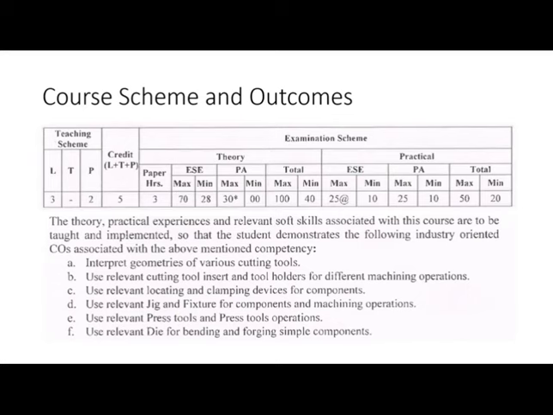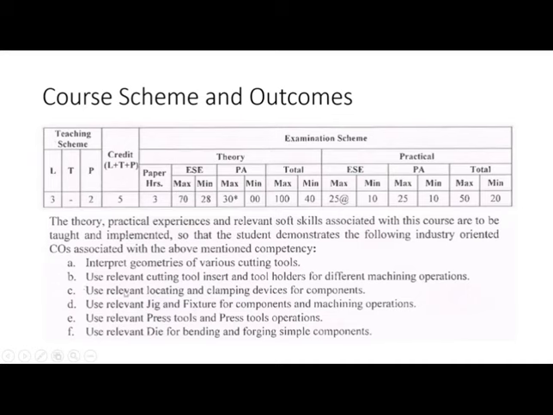For different operations we use a number of inserts, from which you must identify which insert we have to use for a particular operation. Also there are tool holders. A particular insert has a definite shape, so that shape must be held in the tool holder.